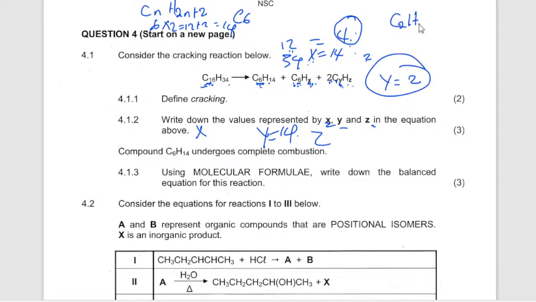So it's going to be 1, 3, which makes it CH3, CH3. To make it 6, in other words. So it means that Z is equal to 3.